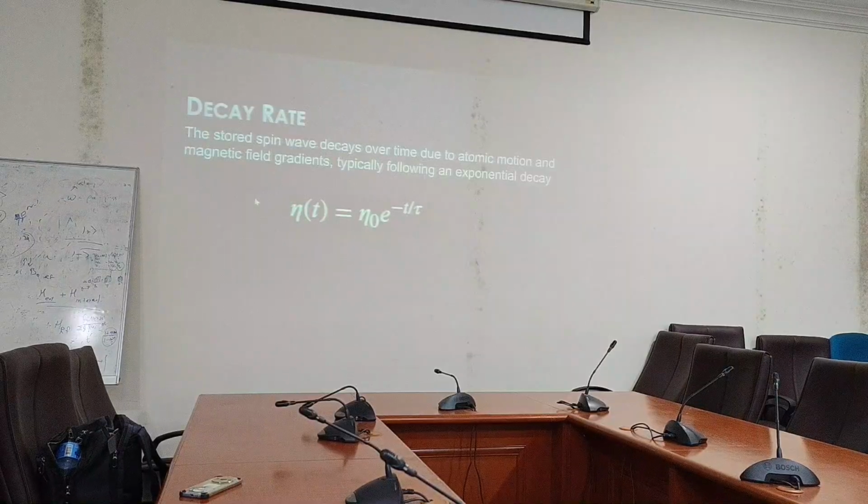So tau is the coherence time. Is it the coherence time of the spin wave? And eta is the coherence. Eta is the coherence, right? Is the off diagonal element. Is it? What is eta? I think this is the formula for the rubidium decay.